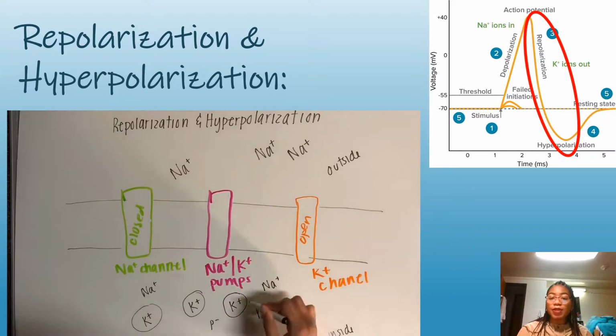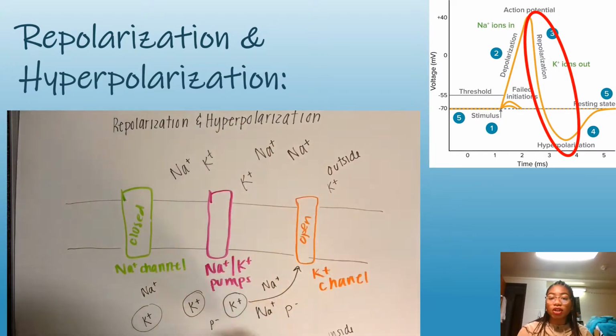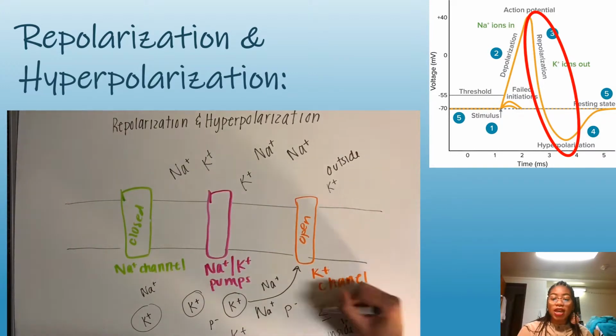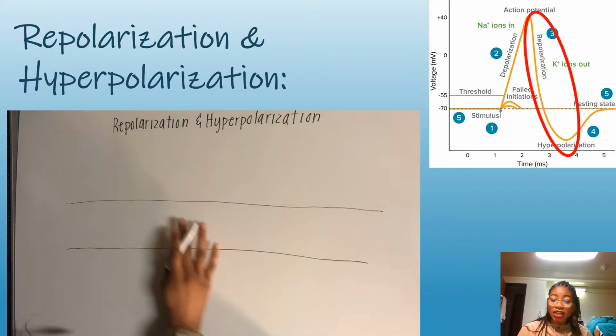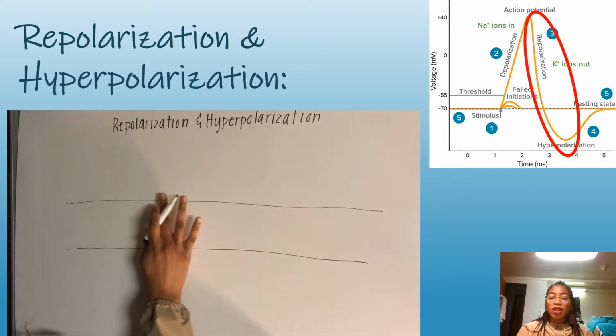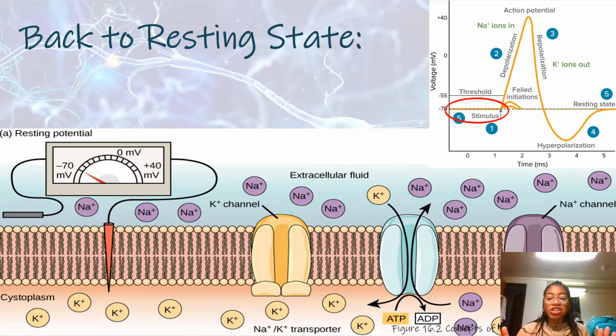Hyperpolarization sometimes happens because the K+ channels are slow to close, just like they are slow to open. And that's why it could be either less than negative 70, in the case of hyperpolarization, or equal to negative 70 millivolts if there is no hyperpolarization. And that could happen sometimes. So after those stages, we're back to the resting state and we're back to normal.